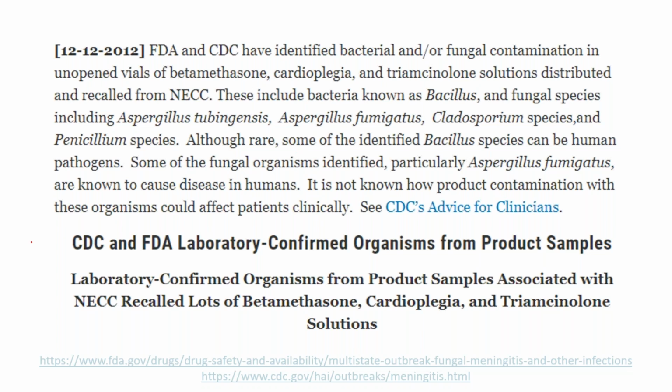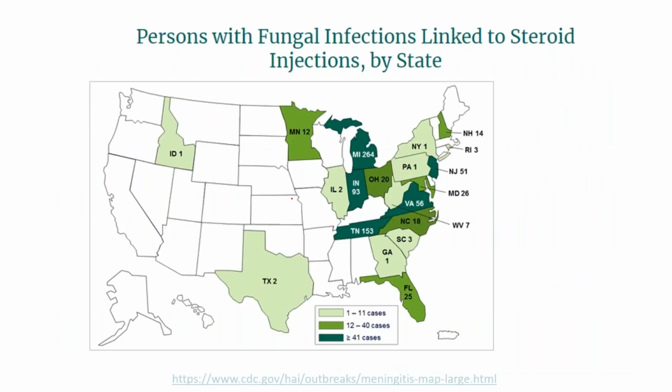And let's look at what type of impact that had, because it was large. So we're talking about a total case count as of October of 2015 of 753 affected individuals due to these issues with sterile compounding. Issues with sterile compounding can have deadly consequences for patients.